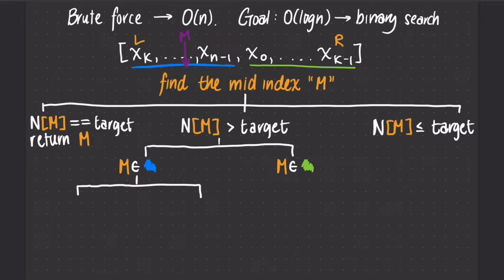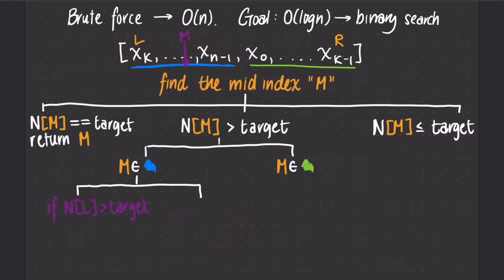It could either lie left of m until the left pointer, because everything here is in decreasing order, or if our target is even smaller than our left pointer, it means that it must be part of the index 0 to k minus 1, since all of these values here are lesser than the value here at xk, or at the left pointer.